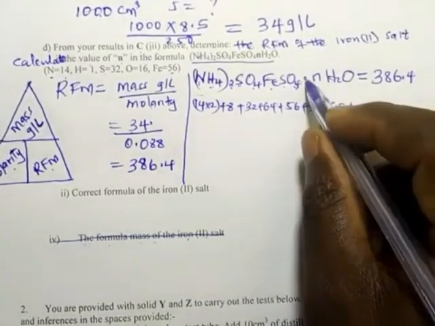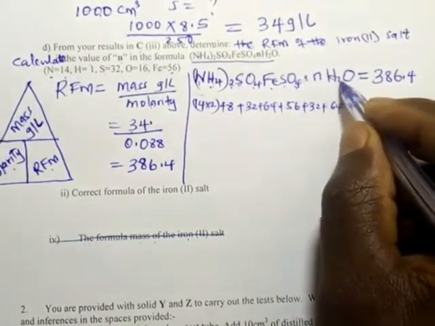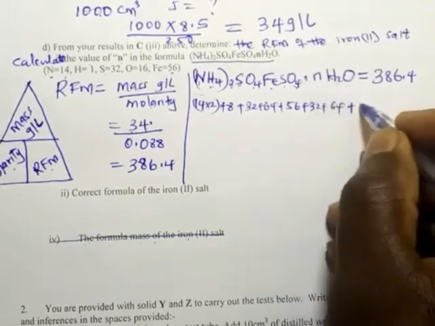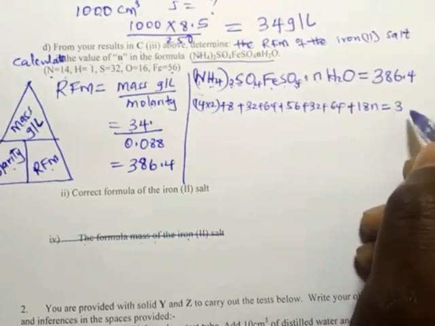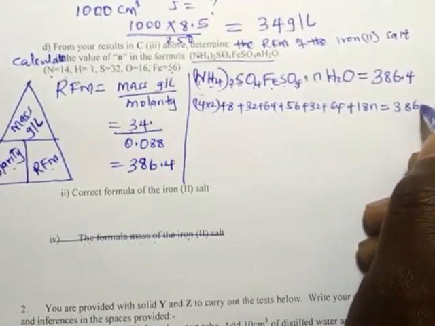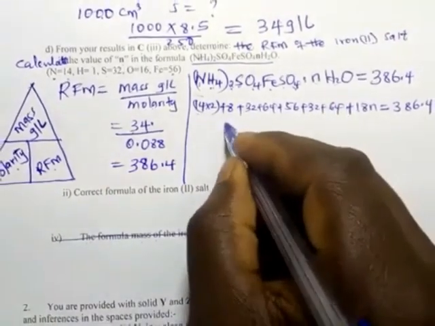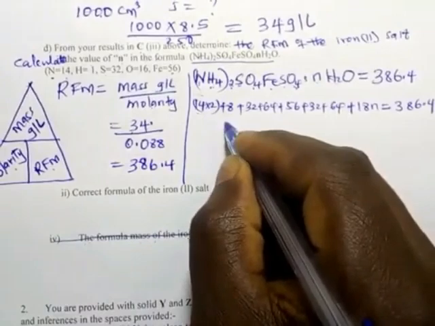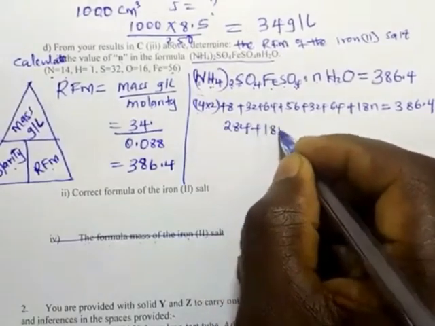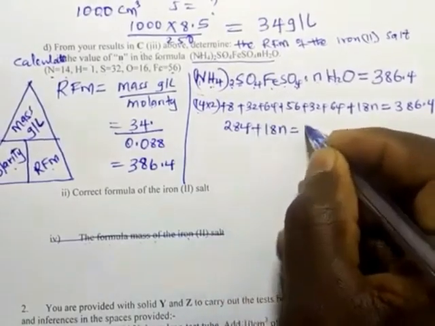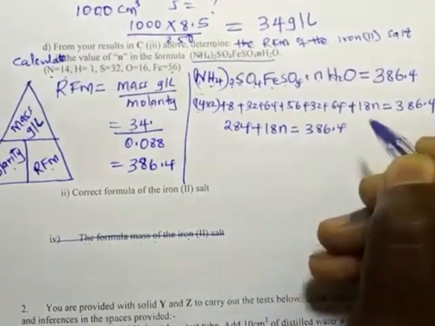plus, because this dot is a separation. Water is 16 plus 2, which is 18. 18 times this, it is 18N, which is equal to 386.4. Add everything here, you will get 284 plus 18N equal to 386.4.